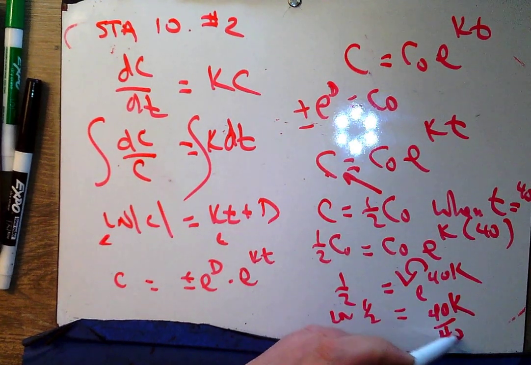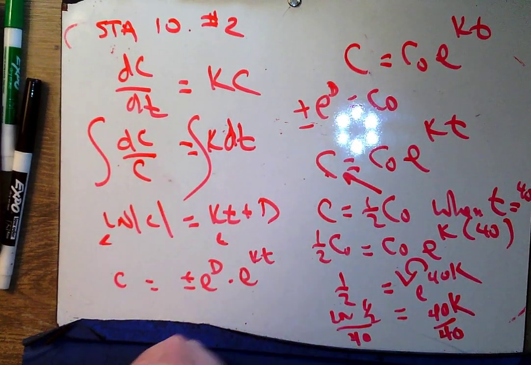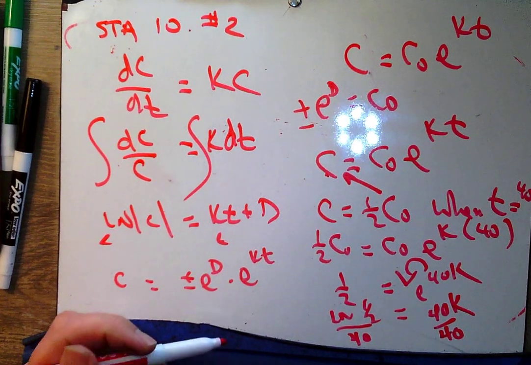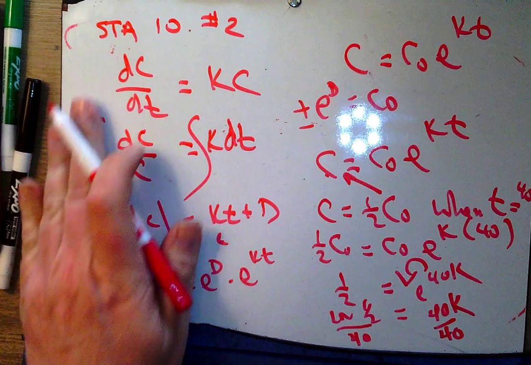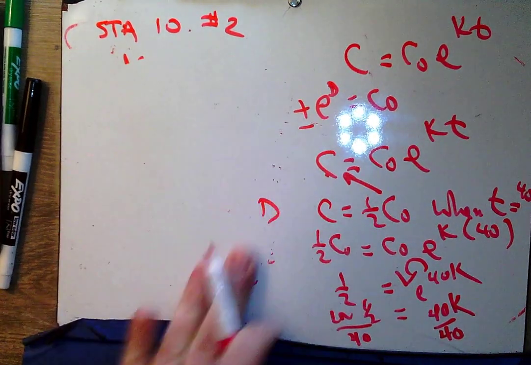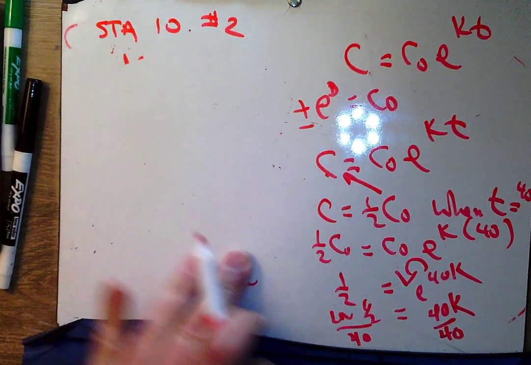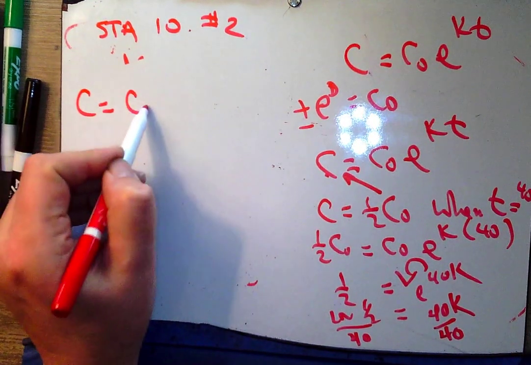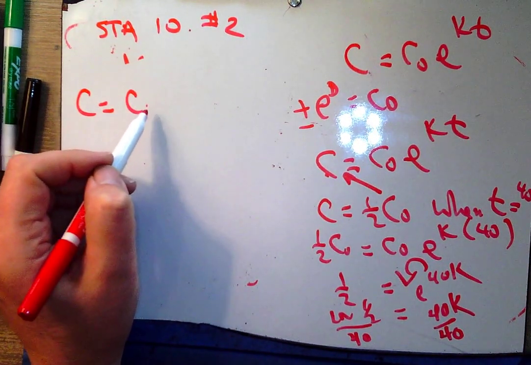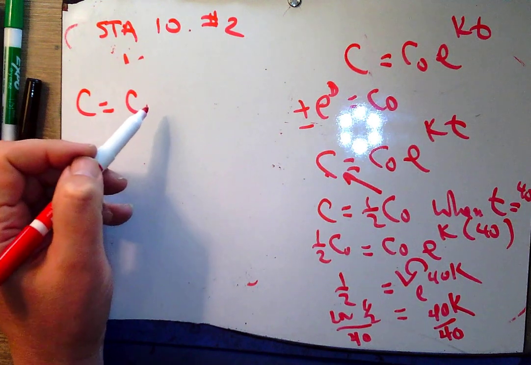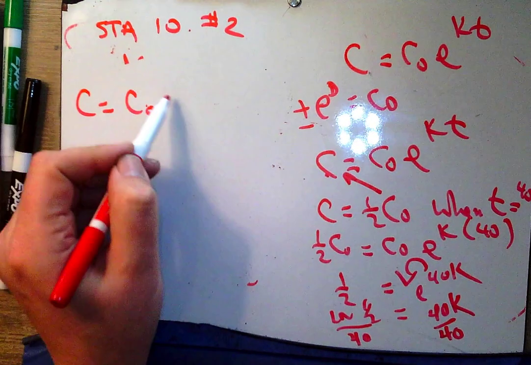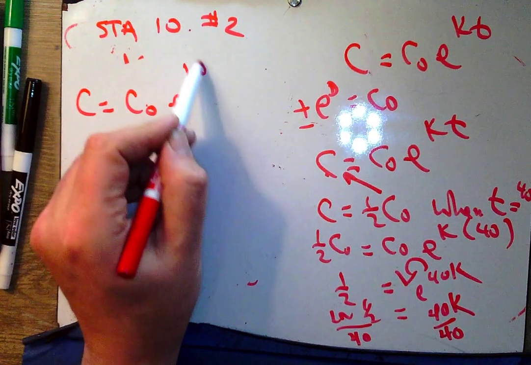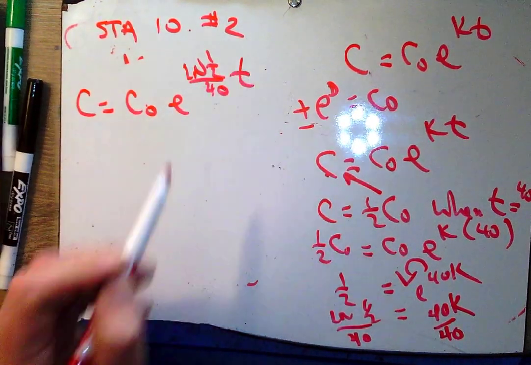So k is ln of 1/2 over 40. Okay, I have a value. I have a model too, don't I? Yeah, there it is. So we know that c equals c sub o e to the ln of 1/2 over 40 t.